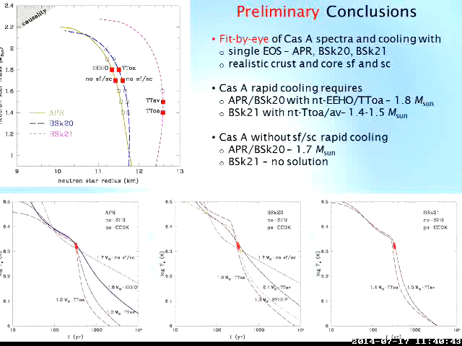It's still a constraint. You can still learn things about the gaps and equations of state, because if there's no cooling, the temperature is constant over the 10 years, and so cooling curves have to be relatively constant over 10 years at the age of Cas A.